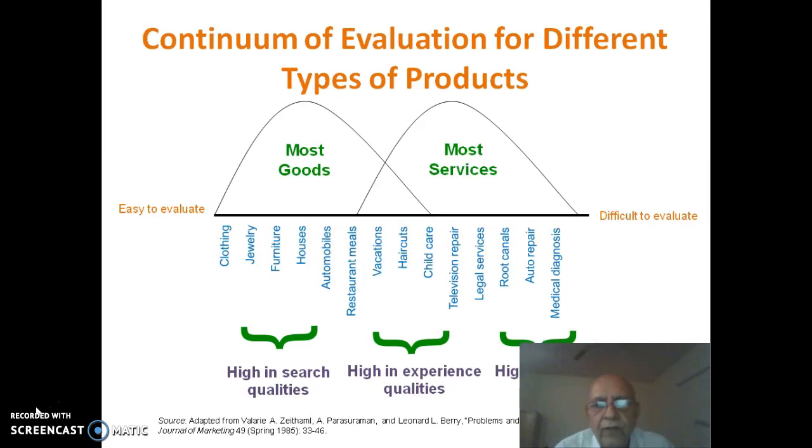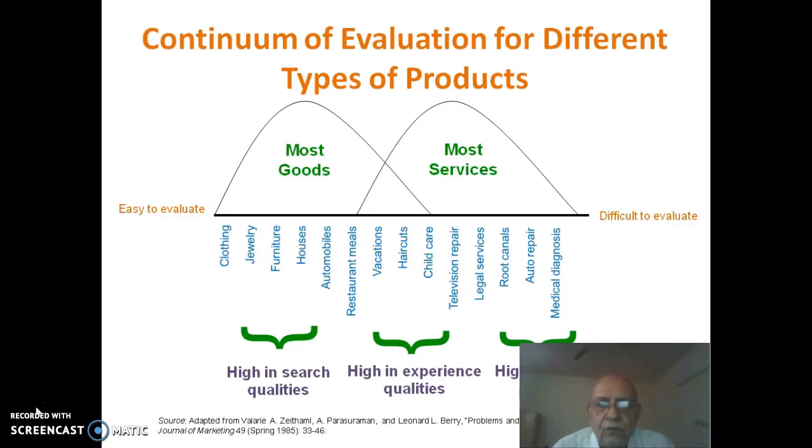Moving on from here, we have another situation where we say these products like medical services, auto repair, root canal, again a medical service, legal services, these are high in credence quality, meaning that somebody else who has experienced it would have to come back and tell us that these are good. Only then we will accept it.